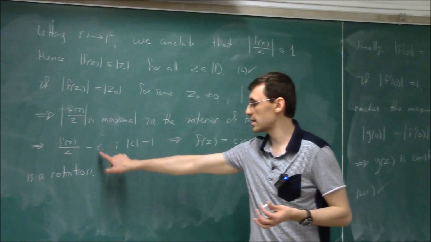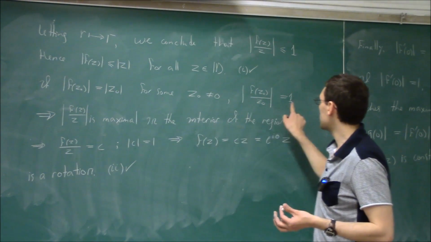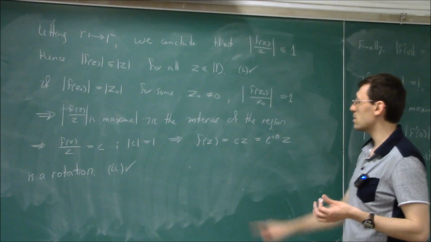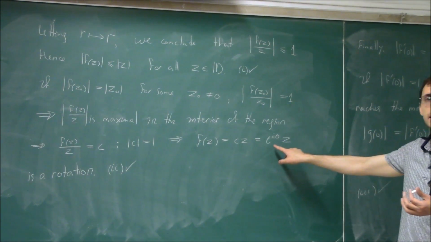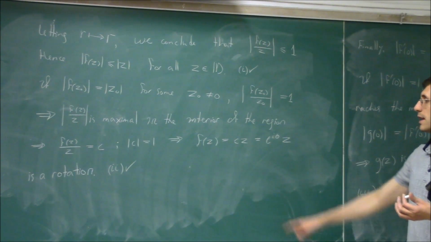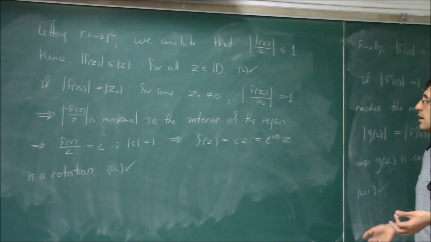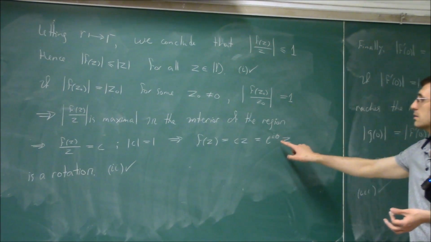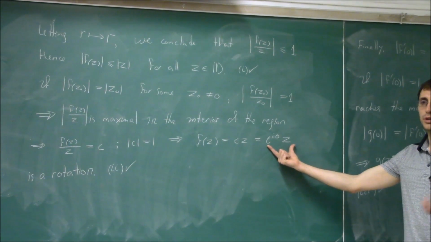So f of z over z is constant, and of course this constant has magnitude equal to 1. So if a constant has magnitude equal to 1, it can be represented as e to the i theta. And what we have is that f of z over z is equal to e to the i theta, or that f of z is equal to e to the i theta times z. And that is just purely a rotation.